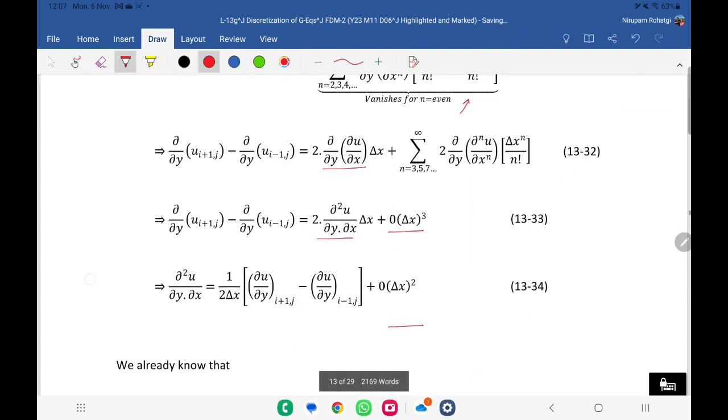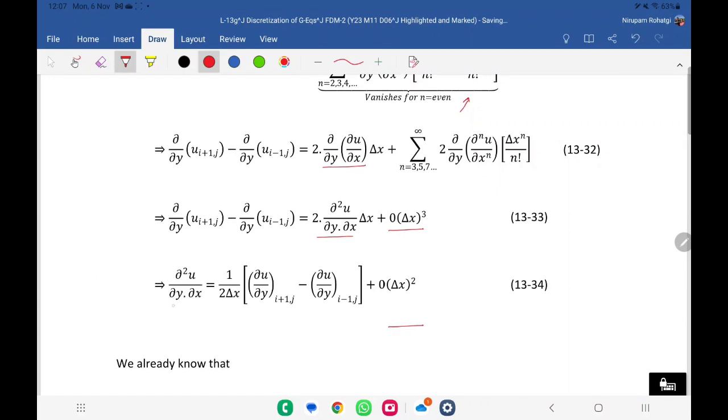Okay, so now what you are getting, the second derivative, mixed derivative, is written in terms of these two, and these two can be written in terms of central difference method. They are the first order derivative.